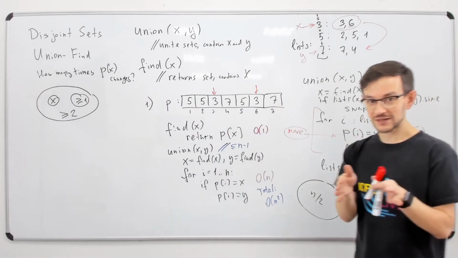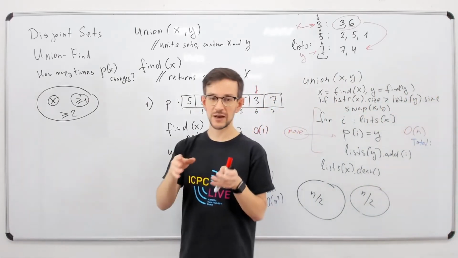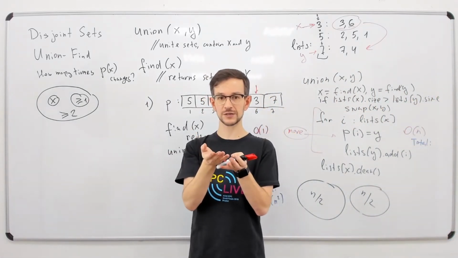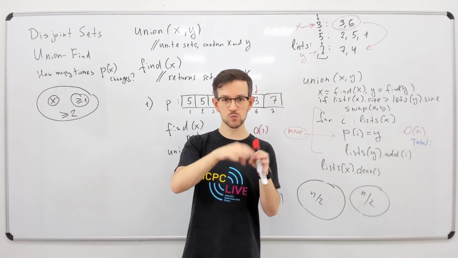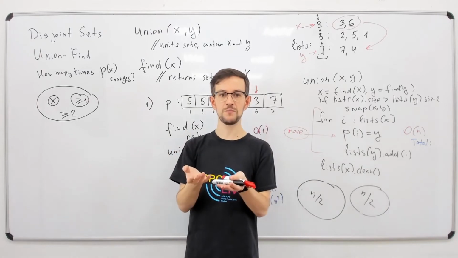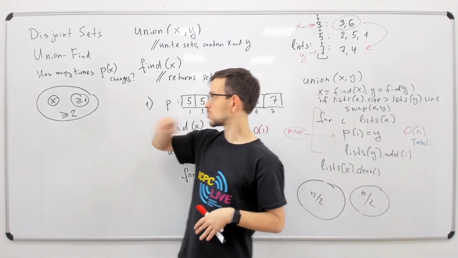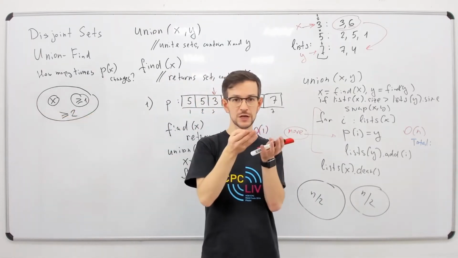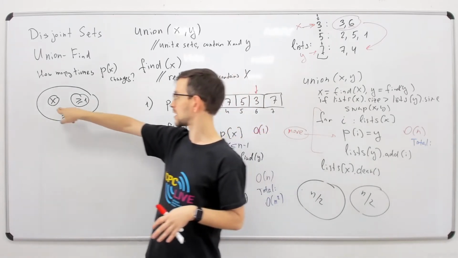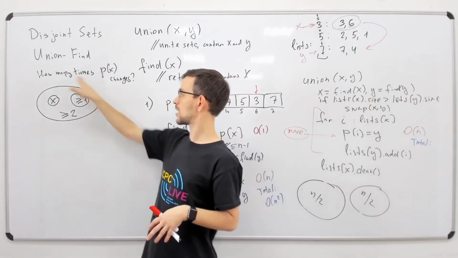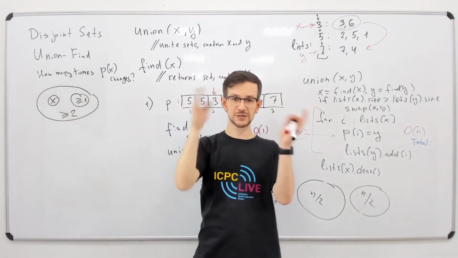So we have element x. In the beginning, we have the set of one element x. Now, each time we move, the element x is moved to some set with bigger size. First, we have element x in a small set of size 1. Next time we merge this element x with some other set, so we have element x in some set of size at least 2.